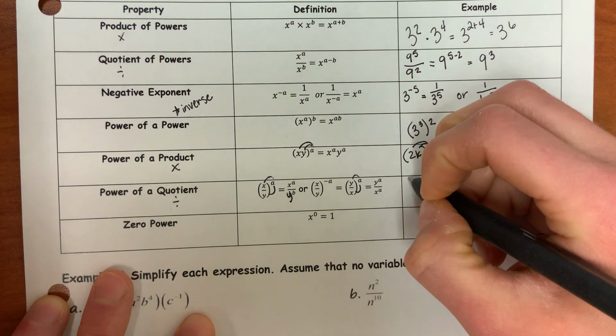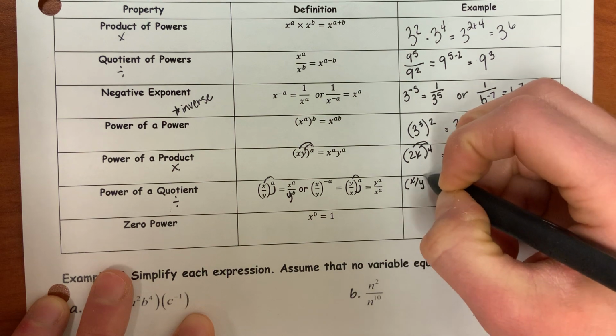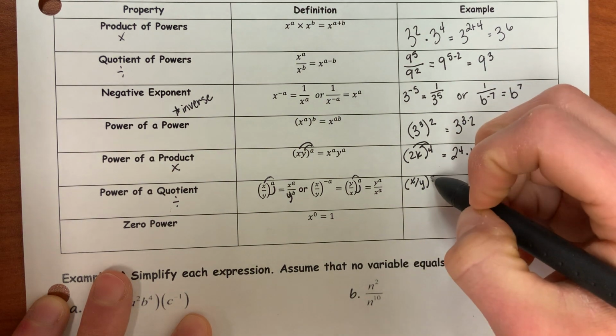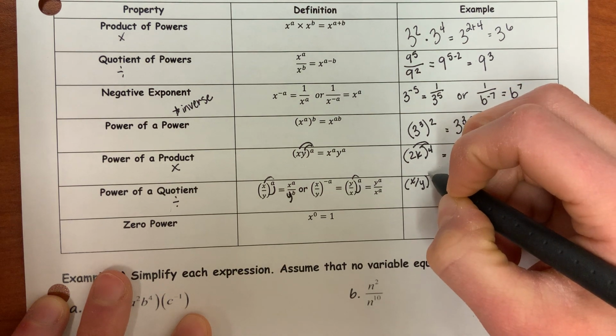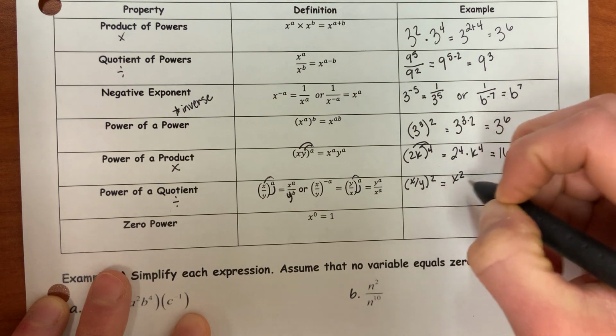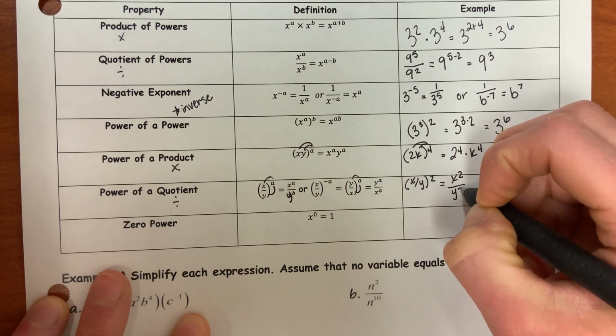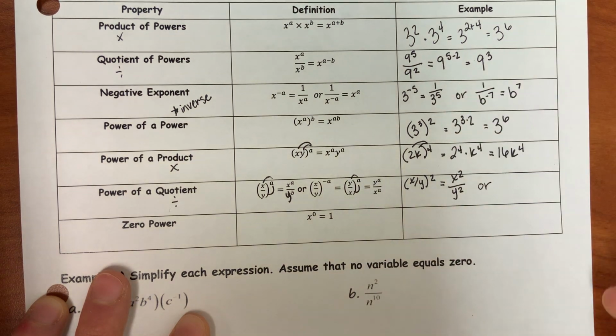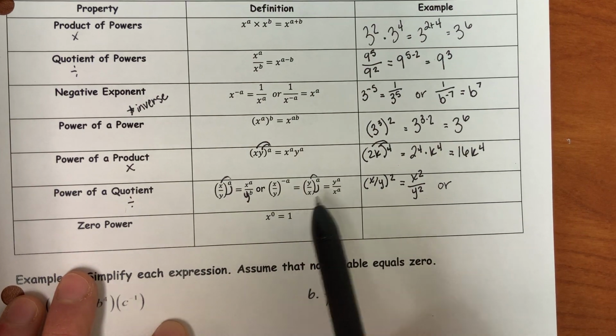All right, so some examples of this. We have x over y to the power of 2. Okay, the 2 is positive, so all I need to do is distribute that 2 to both the x and the y. So this becomes x to the power of 2 over y to the power of 2. Okay, or another example of the second part of this rule.